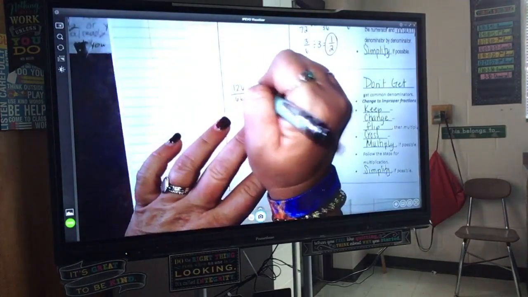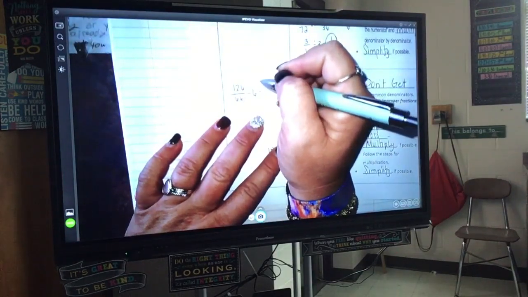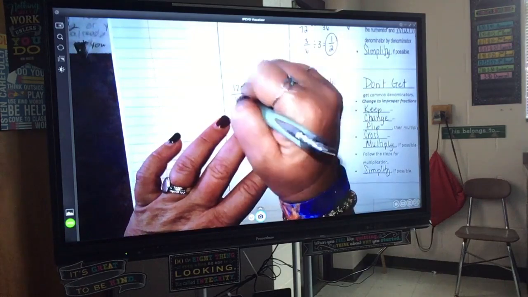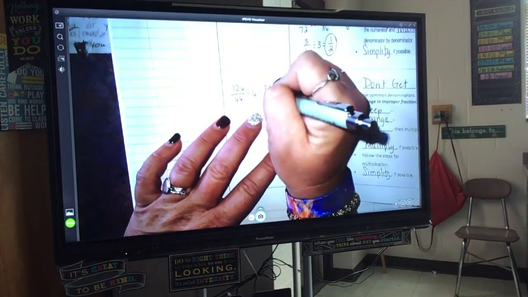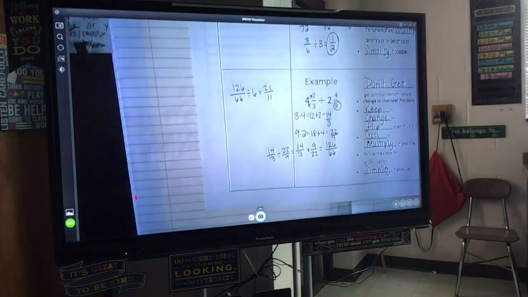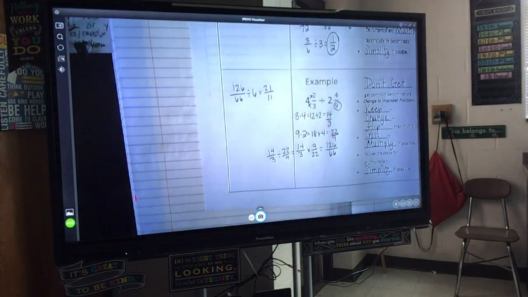So 126 divided by 6 is what? 21. And then 66 divided by 6 is 11. Can we simplify 21 elevenths? No. So at this point, what do we have to do with 21 elevenths? Turn it into a mixed number.